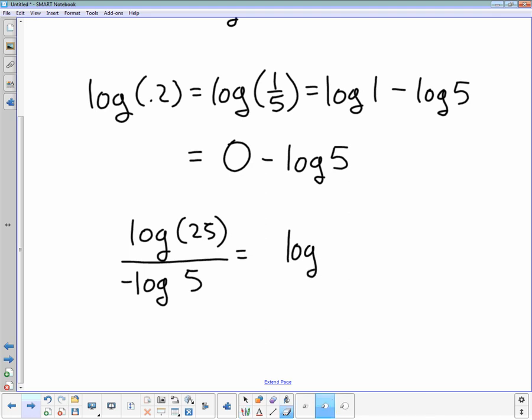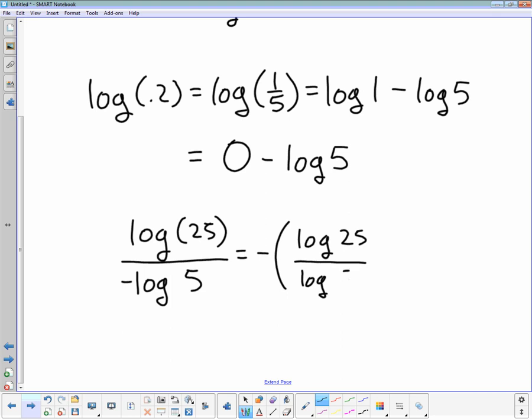Actually, let's not confuse ourselves. I just wanted to pull that negative sign out because it wasn't part of the definition of the change of base formula, so that we don't get wrapped up in a negative sign. And now we can go a little further.